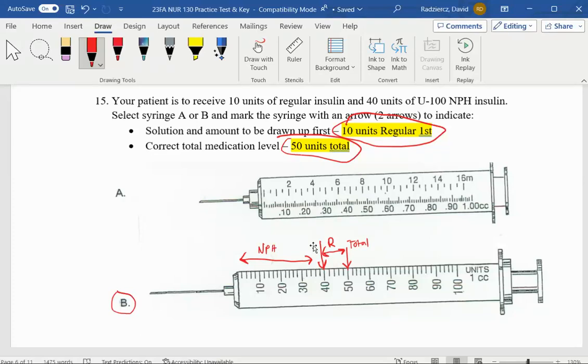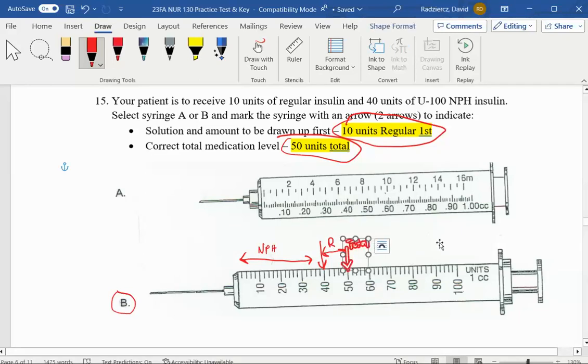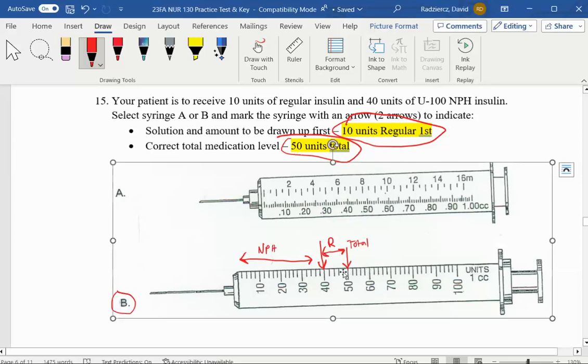Then when you mark your syringe, the first mark I'm going to make is on the total. I add my two things up: regular is 10, NPH is 40, so 10 plus 40 is 50. I'm going to mark my syringe at 50.